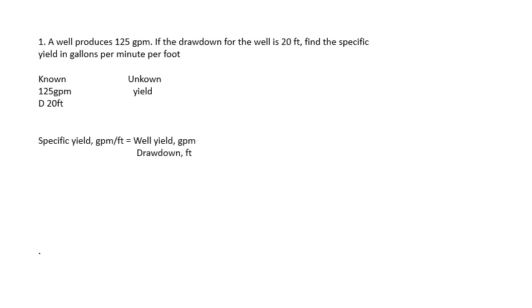The equation for specific yield, gallons per minute per foot, is well yield divided by drawdown. Put your 125 gallons a minute divided by 20 feet, and your specific yield is 6.25 gallons per minute per foot.